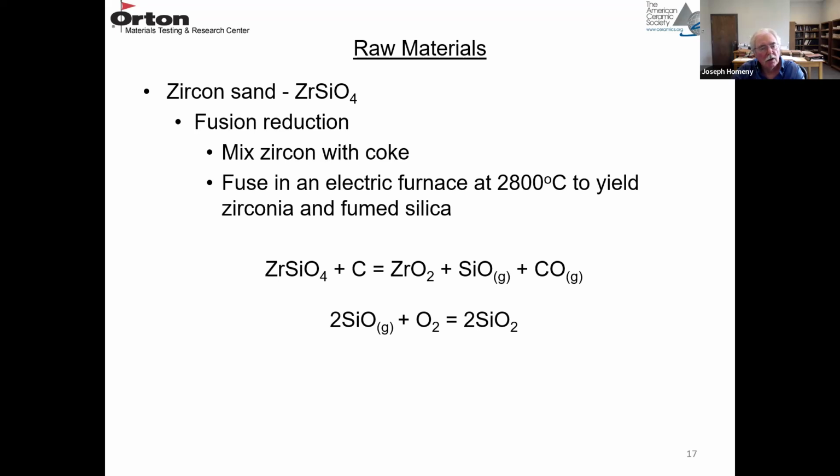But in this case, you're forming zirconia and SiO and CO. So you're mixing the zircon with coke. You fuse it in an electric furnace at 2800 degrees C, and it follows this reaction here. Zircon plus carbon yields zirconia plus SiO gas plus CO gas. That SiO gas will react with oxygen to form SiO2 silica.